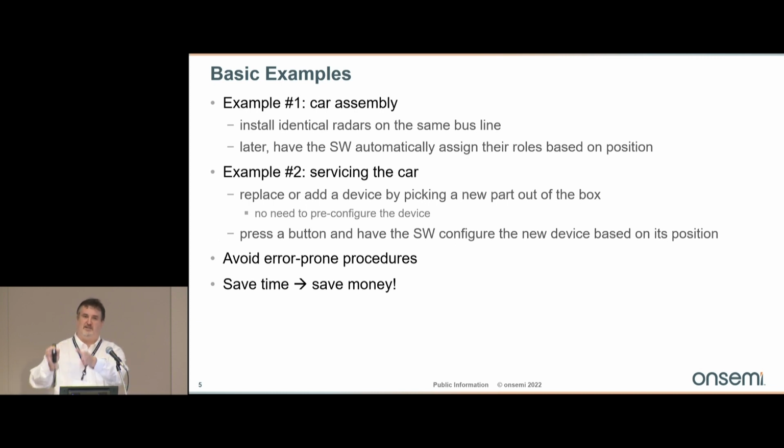You just want to pick that thing, plug it into the right spot in your car, and then let some central ECU, by knowing where the device has been connected, assign the IDs and the proper configuration that you may need for that device.